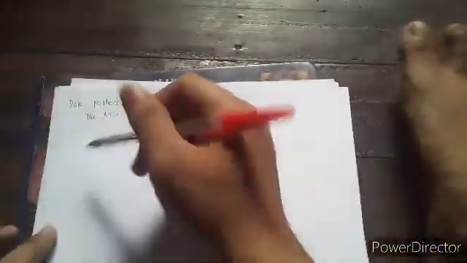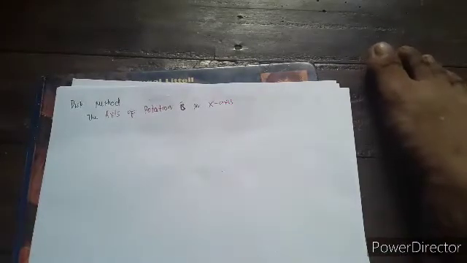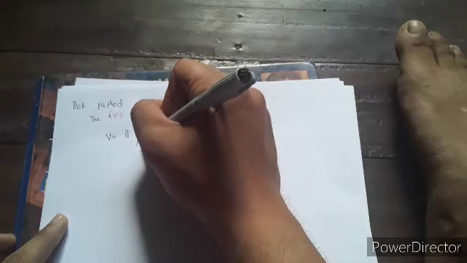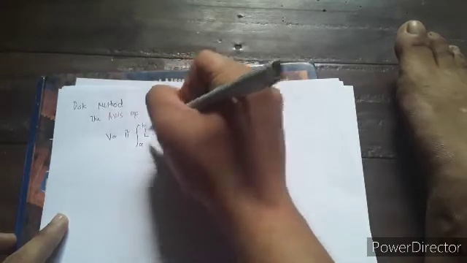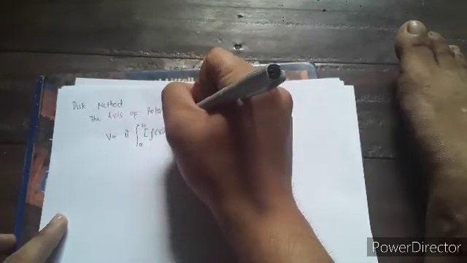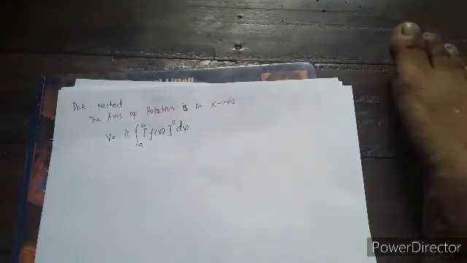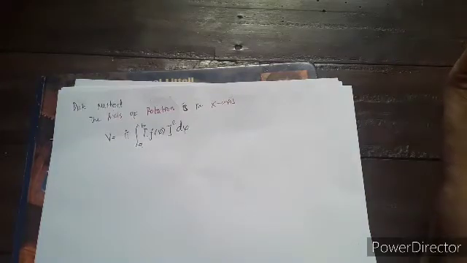The volume is equal to pi times the integral with the lower and upper limits of integration, a and b, of f of x squared with respect to x. That is the formula for case number 1.